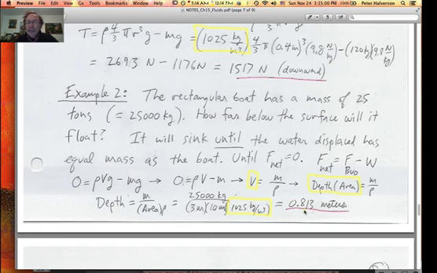Okay, so that's it for Archimedes' principle.